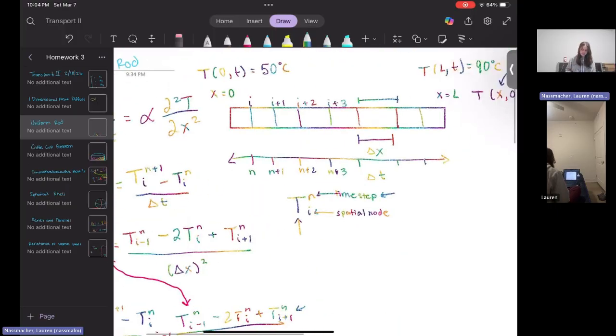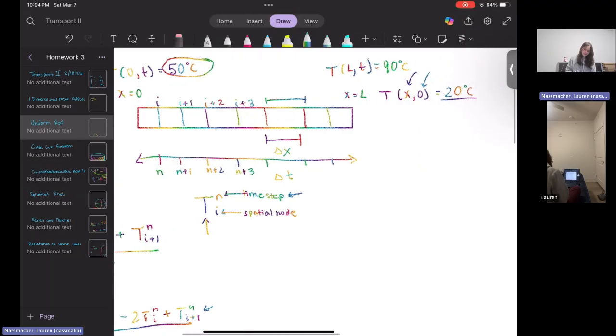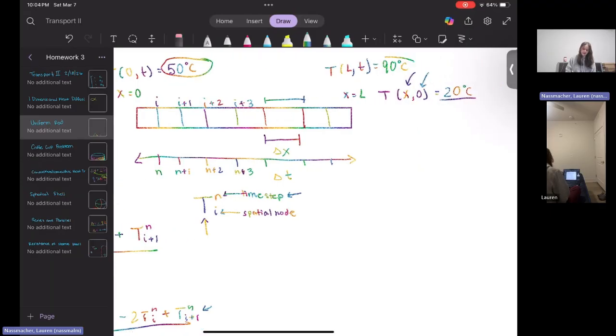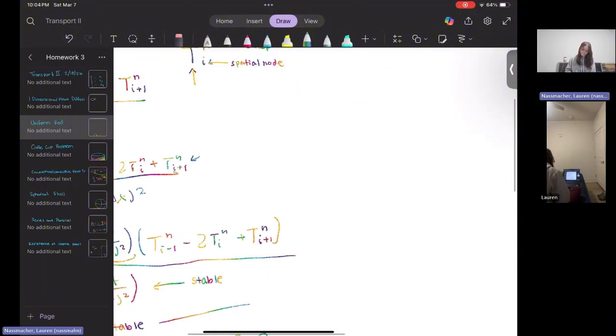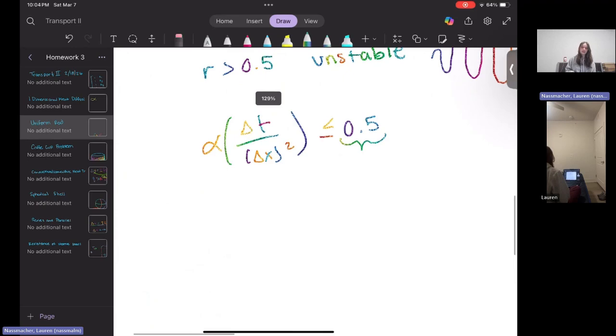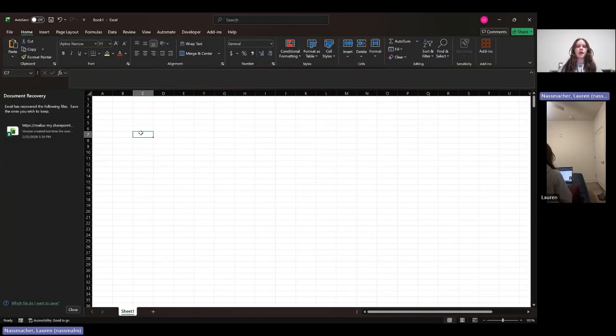Well, based on our initial conditions, our temperature at 0 is 50 degrees Celsius, and our temperature at length L is 90 degrees Celsius, and our temperature at time 0 is equal to 20 degrees Celsius, we can plug this into an Excel sheet and determine when our key parameter will tell us whether or not our numerical solution is stable. We have our Excel sheet right now, so let's make some assumptions.